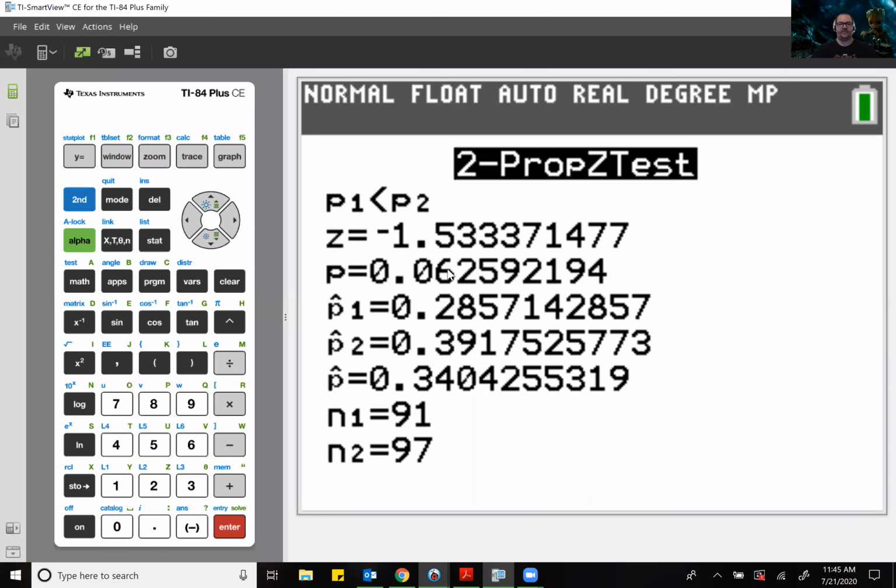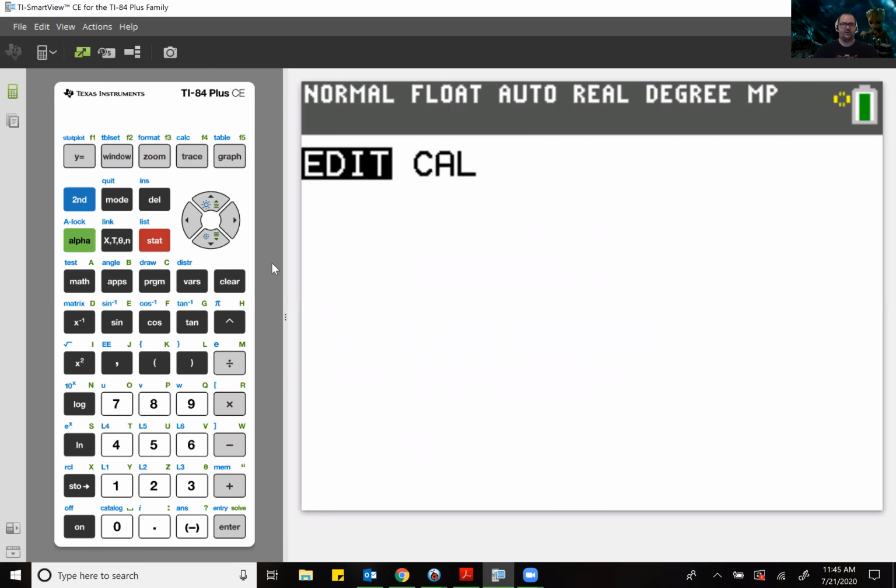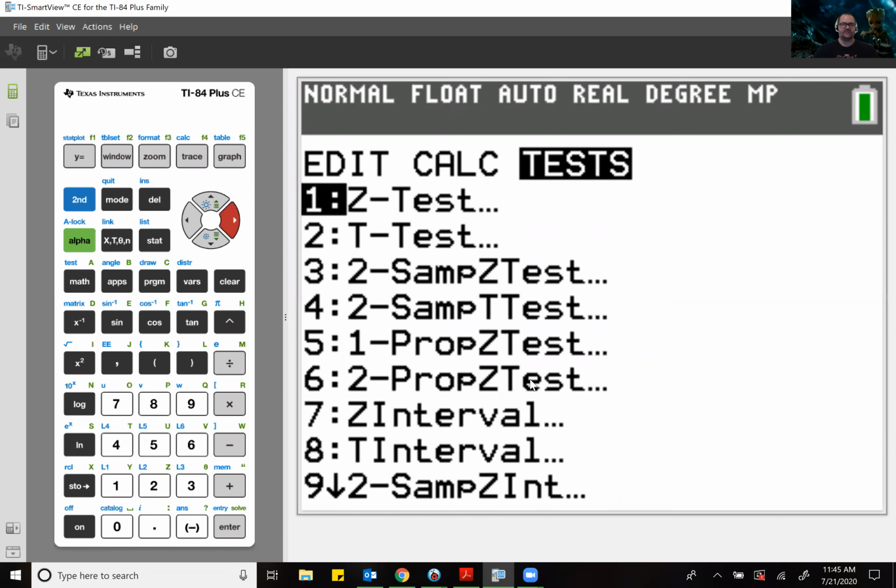And then here is the p-value we found a moment ago. Here is that z-score we found a moment ago. So you actually get a bit more information in the TI-84 with this. Okay. So there's how you do it in the TI-84. You hit stat, go over to tests, and you want the 2-proportion z-test. Okay. All right.